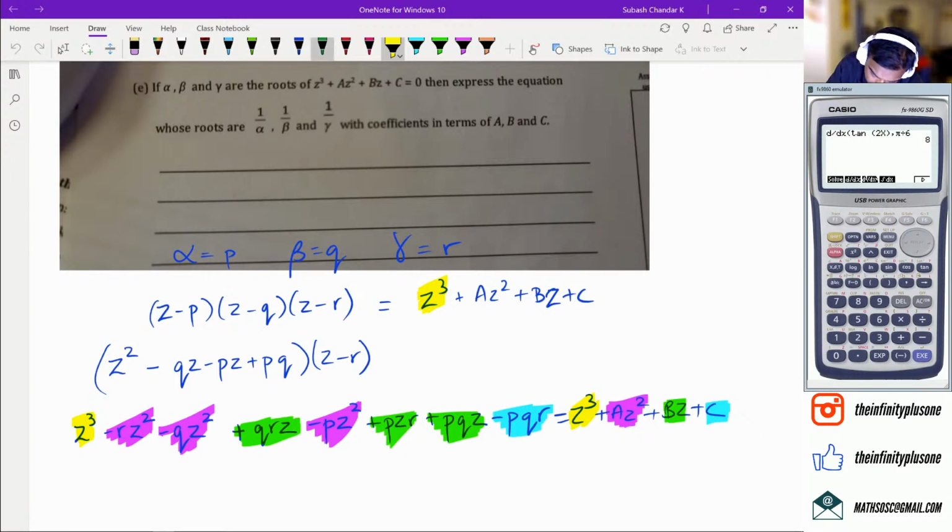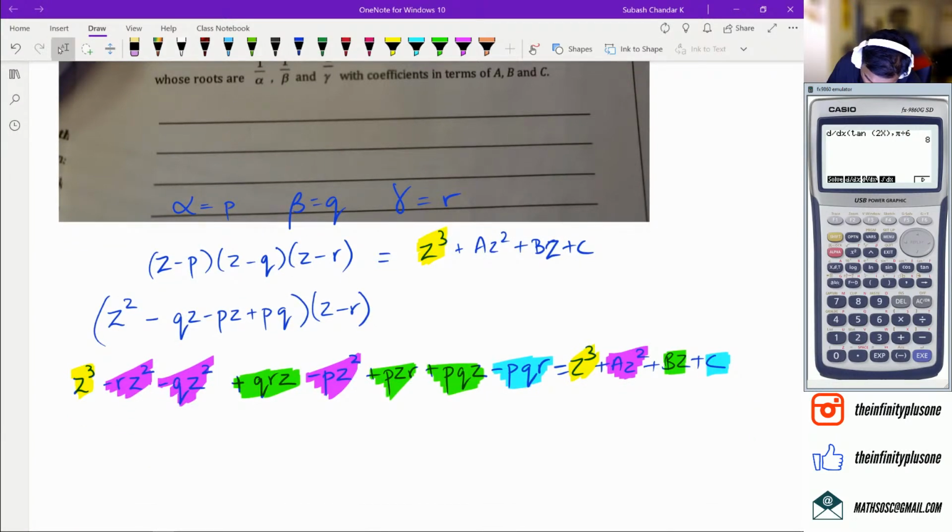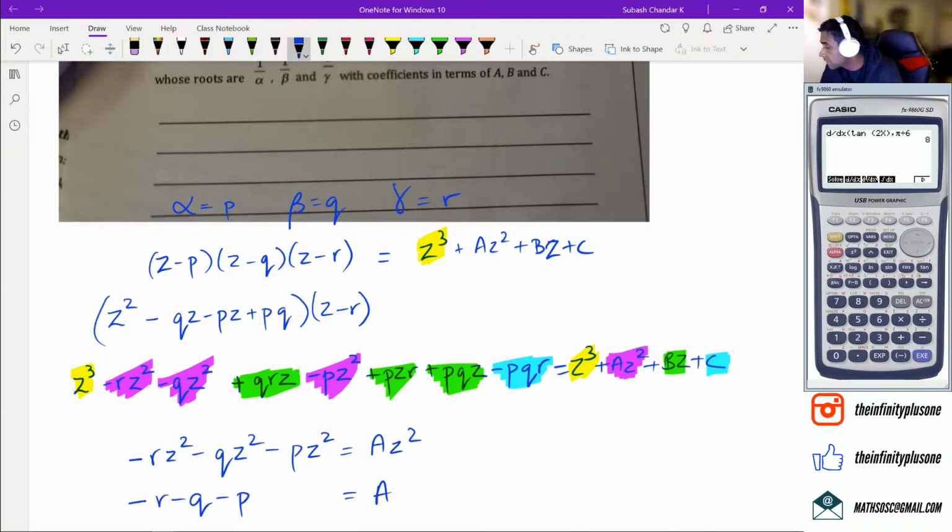So at this point we can say minus rz squared minus qz squared minus pz squared equals az squared, which means a is equal to minus r minus q minus p. And I hope I did that right, because I get a feeling I made a mistake somewhere.